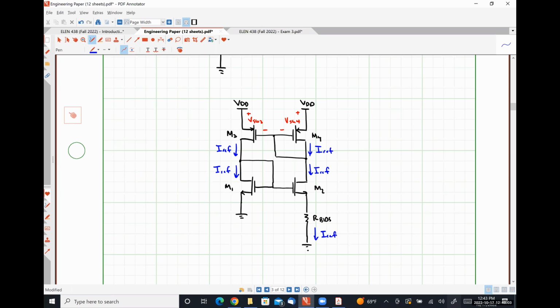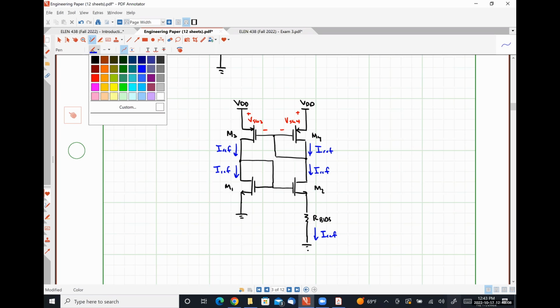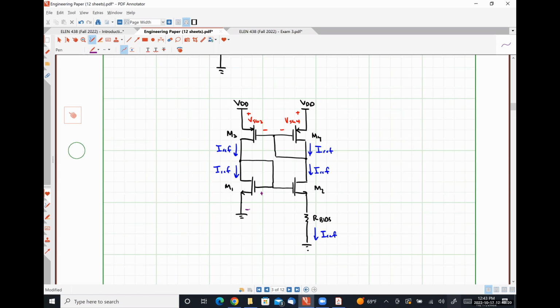Now this brings us to an interesting thing here, okay? So M1 and M2 are carrying the same current, but they have different gate source voltages, right? So what I mean by that is if we look at this guy right here, VGS1, here is VGS2, they have to be different quantities if there's any reference current flowing through, because there's a voltage drop across our biasing resistor.